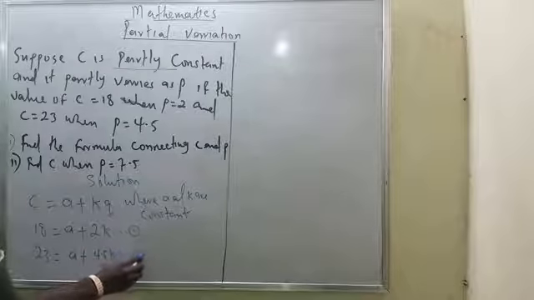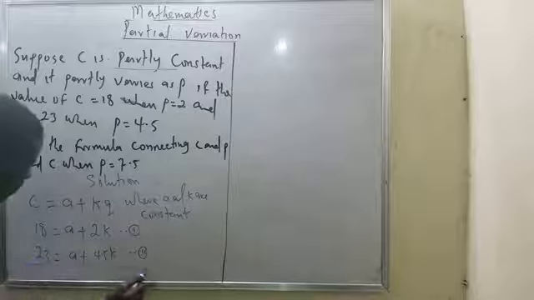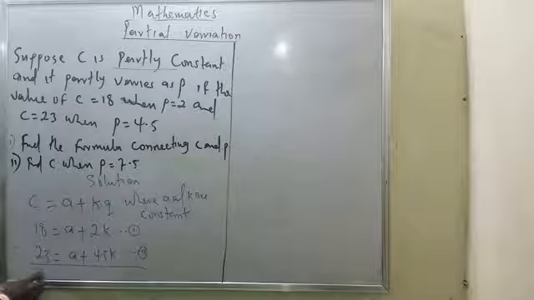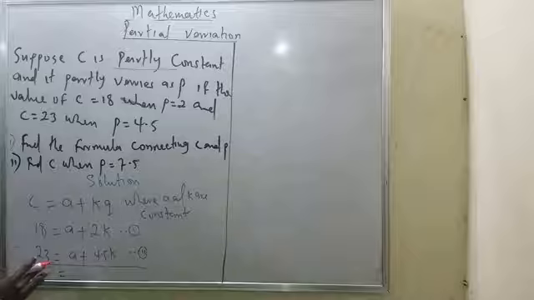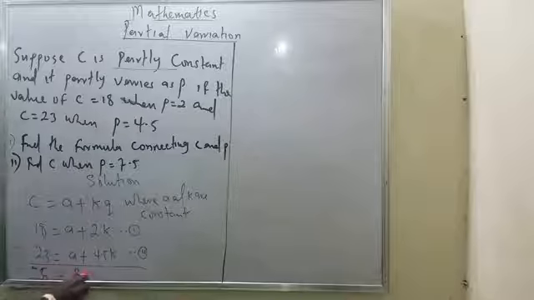Now I can solve this simultaneous equation using the elimination method. I want to subtract them from each other. That gives me minus 5 equals, this one will be 2, and it will be 2.5K.